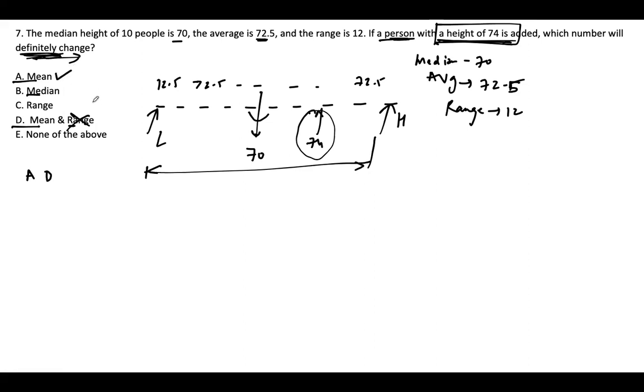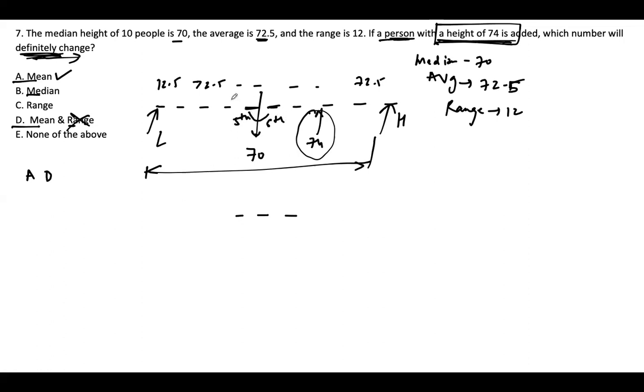The median is the average of the middle two, and the middle two are given as 70. If a person with 74 is added, the median will be the sixth value, and it may not change.